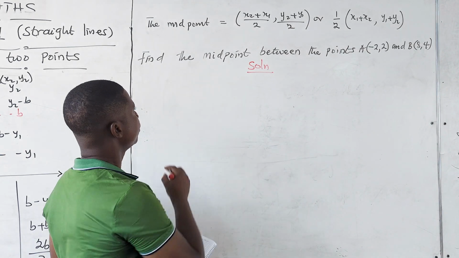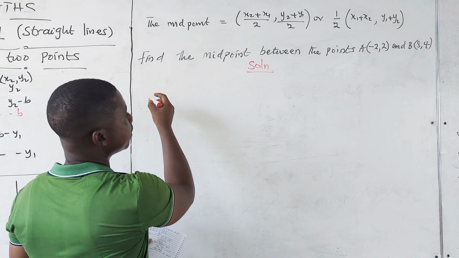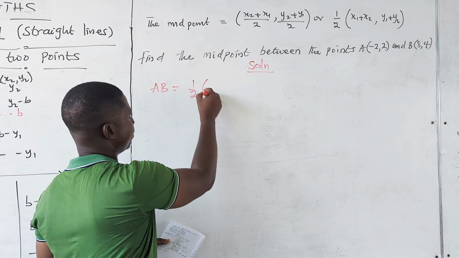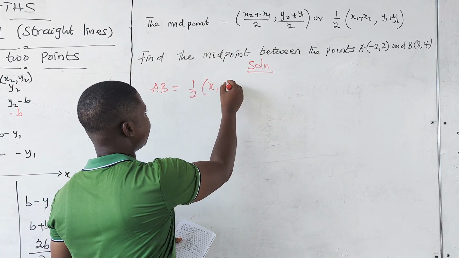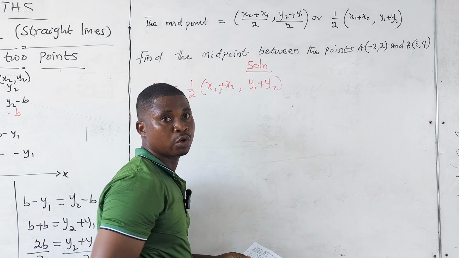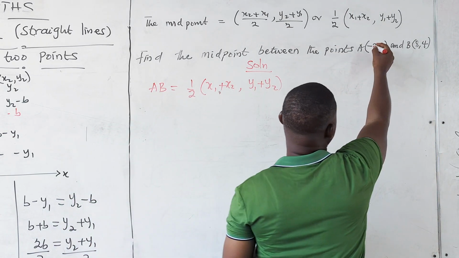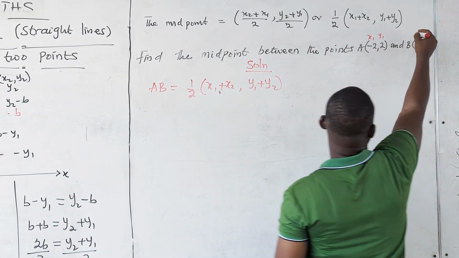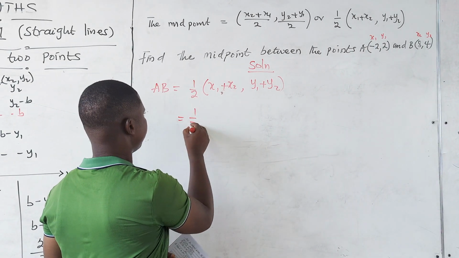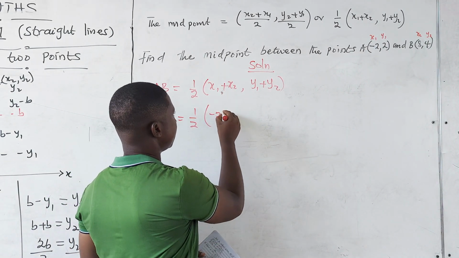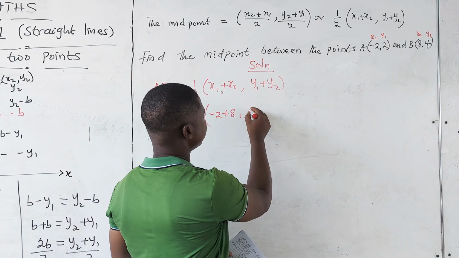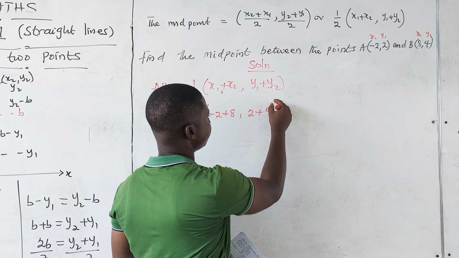With this, we know finding the midpoint of A and B becomes half of (x1 plus x2, y1 plus y2). So with this, we have our x1, y1, x2, y2. We have half of our x1, which is -2, plus our x2, which is 8, then our y1, which is 2, plus y2, which is 4.